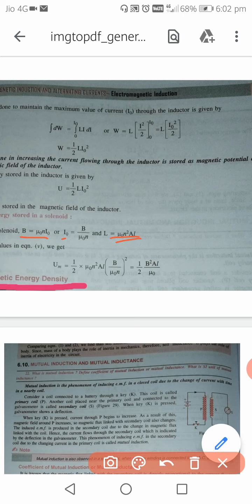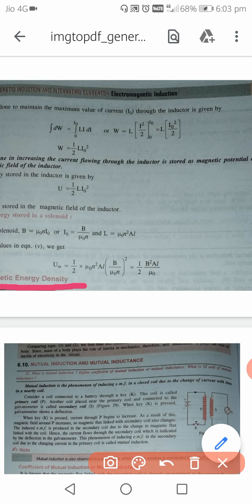Substituting this value and this value in this equation, half L and I naught square, and doing the calculation, the value comes as this. This is another expression for magnetic energy. This is also called magnetic energy, U_M, or stored energy, or potential energy.